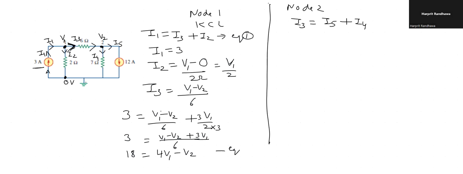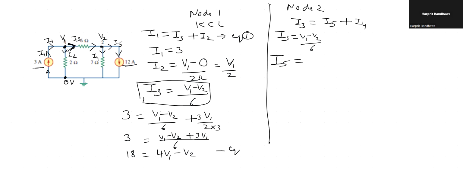Now similar steps we will do for node 2. At node 2, what is I3? I3 we already found is V1 minus V2 divided by 6. Now, what is I5? I5 is the current flowing through this branch that represents 12 ampere. Now, what is I4? I4 is the current flowing through the 7 ohm resistor.